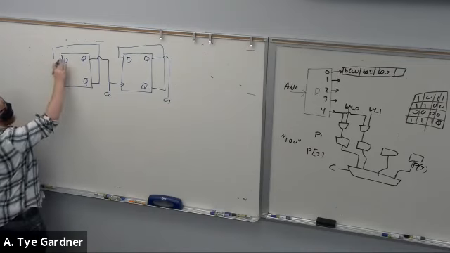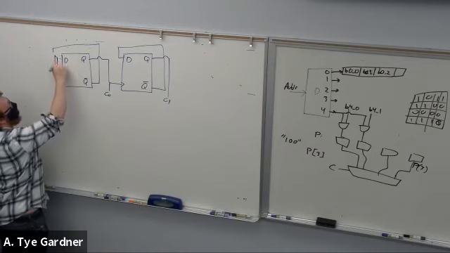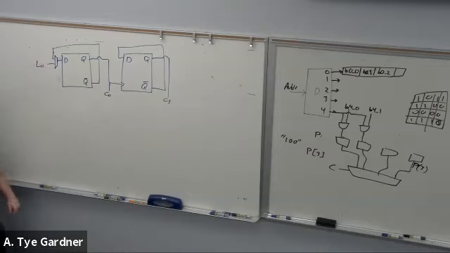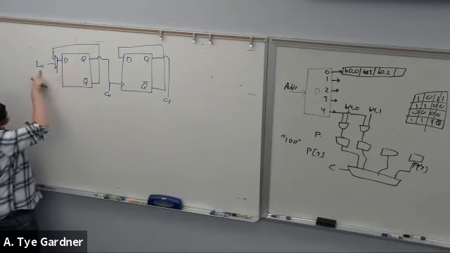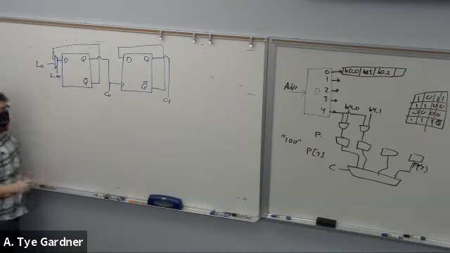So instead, I'll just use a mux and do that. This control signal is my load value, and this is load enable.